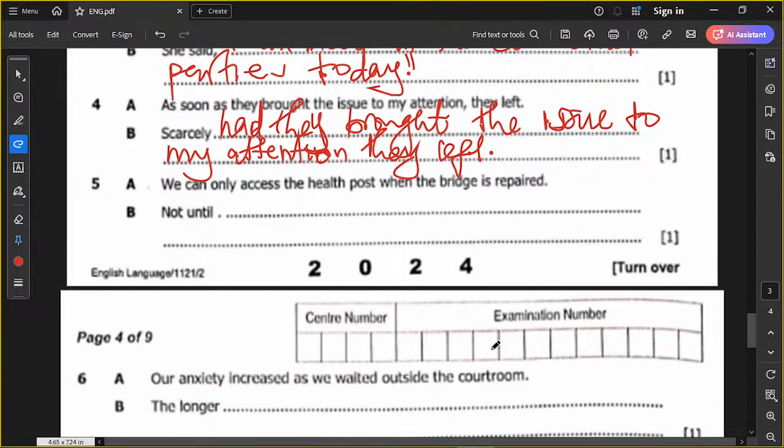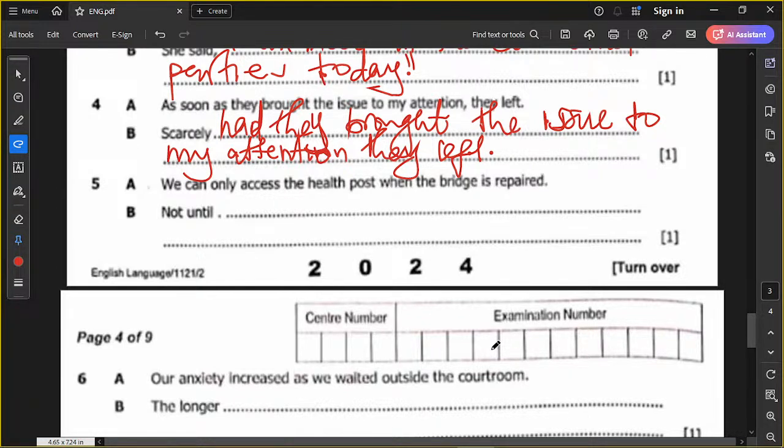Question 5. We can only access the health post when the bridge is repaired. Start with not until. So here the first sentence is saying no one can access the health post until they repair the bridge.